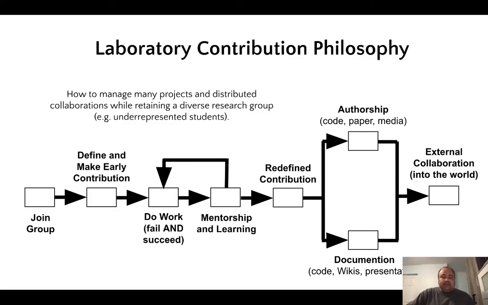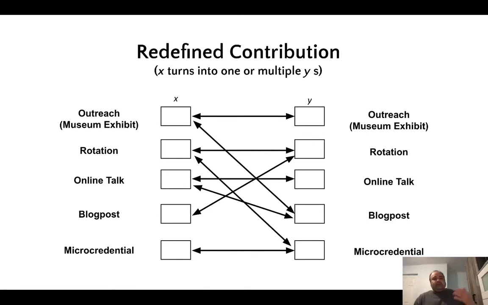Eventually the person has a redefined contribution, and they can turn this into something like authorship, where you're authoring a piece of code, a paper, or some media, or creating documentation, like a wiki stub or a presentation. Then you release your external collaboration into the world, and that's where you find success. So you can redefine your contributions as a member of the lab.